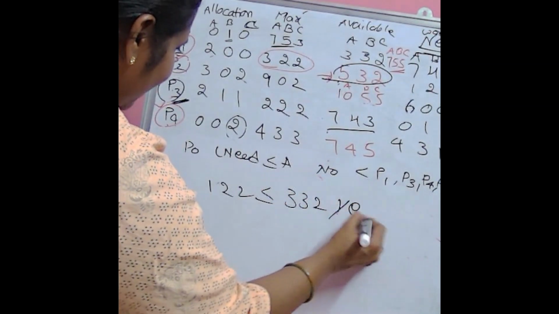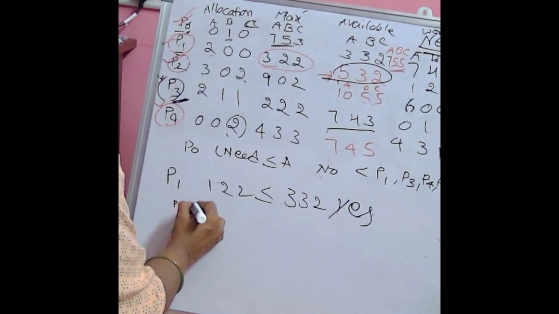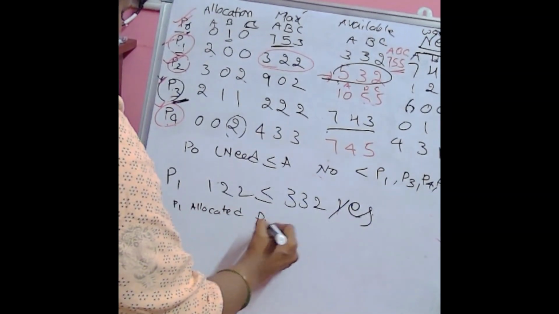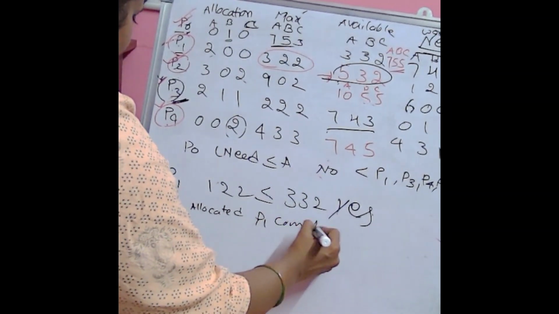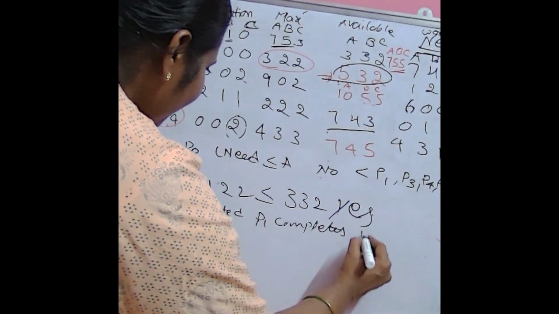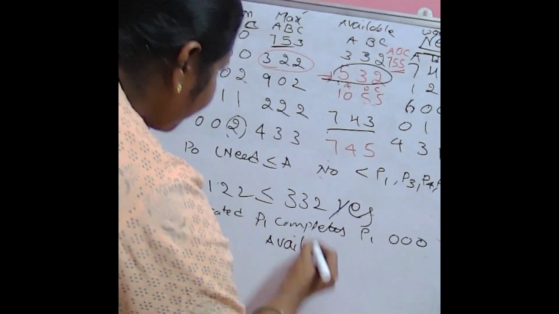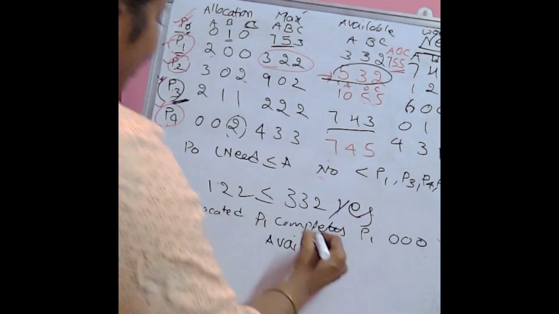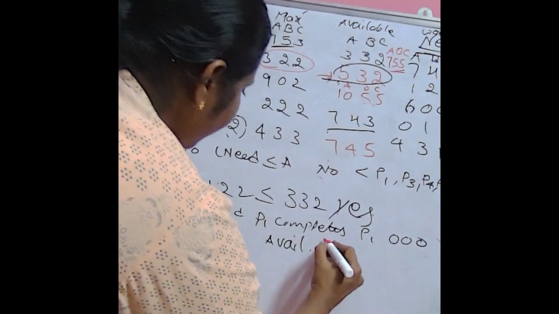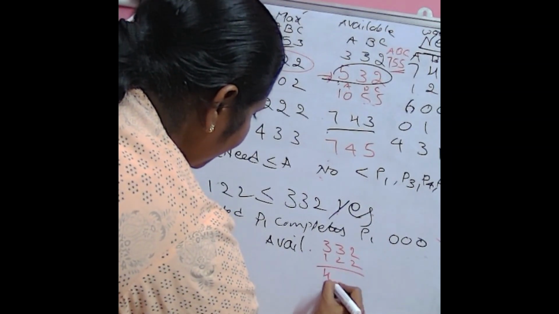If it is yes, it will allocate to P1. Write the sentence: allocate to P1, completes P1 execution. After the completion of P1 execution, P1 is having 0, 0 and available becomes 3, 3, 1, 2, 2, 4, 5.